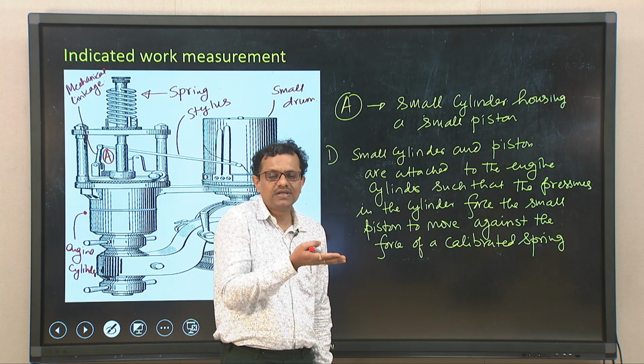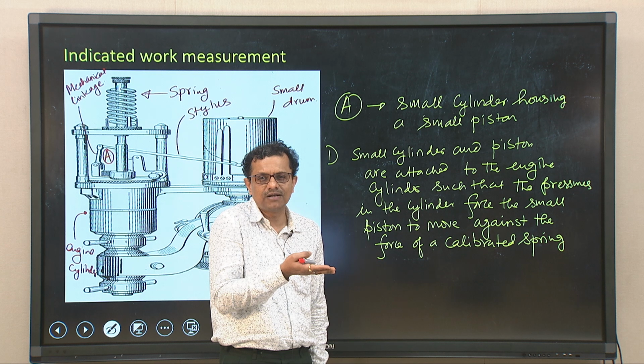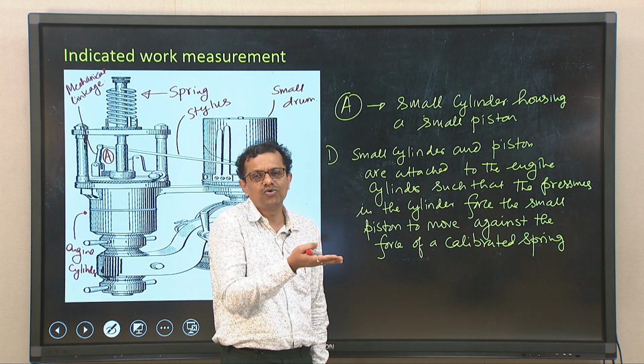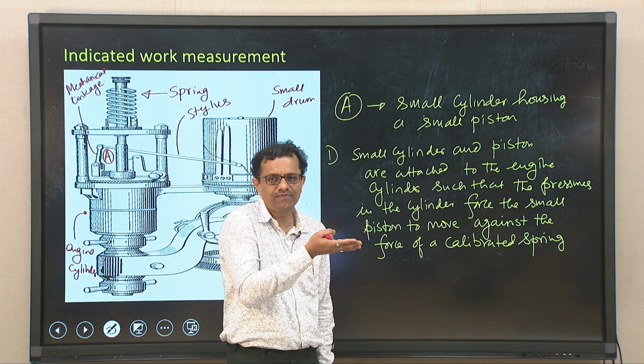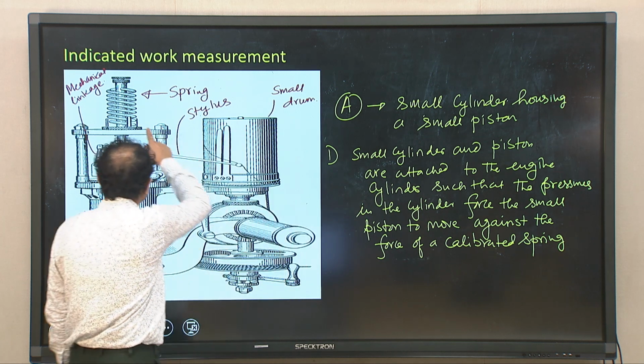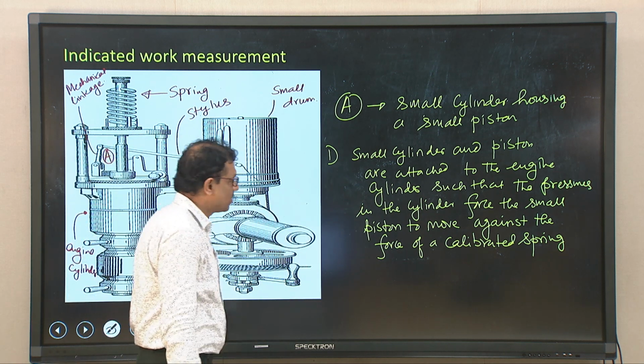When pressure develops inside the engine cylinder, that pressure will force the small piston to move against the force of a calibrated spring, okay.